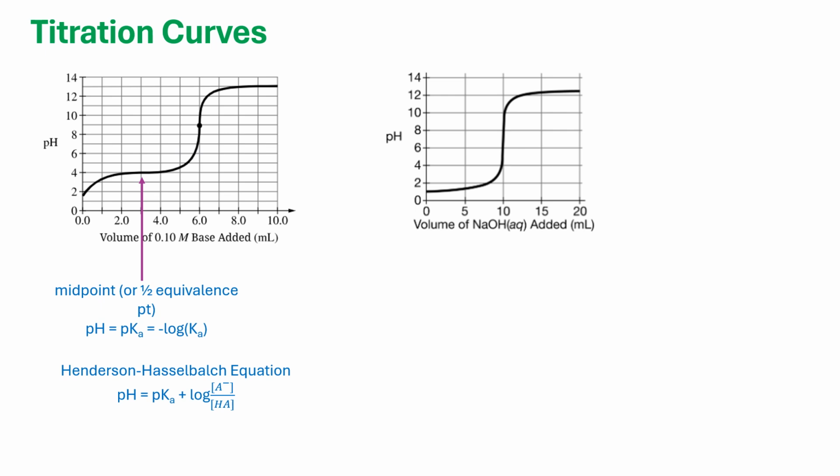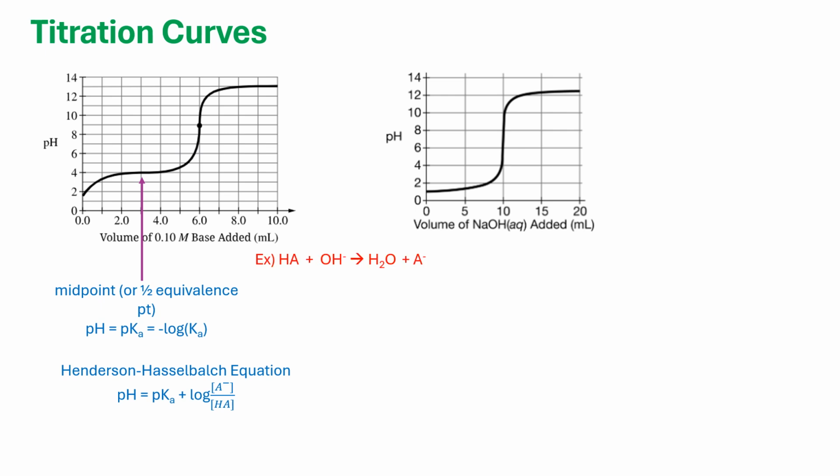Now this is true for any point along our titration curve, but the reason that the midpoint gives us pH equals pKa is because at the midpoint the log of A minus over HA is going to become 0. And the reason for that is because we have exactly the same amount of conjugate base as weak acid, and so the log of 1 over 1, or the log of 1, is 0, which means pH equals pKa plus 0, or pH equals pKa.